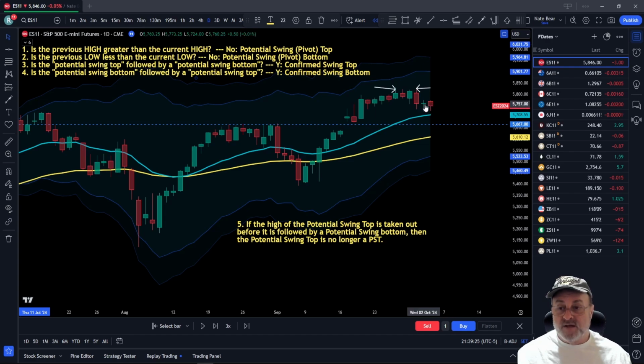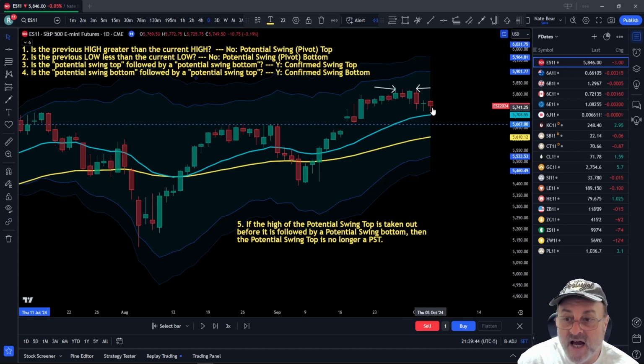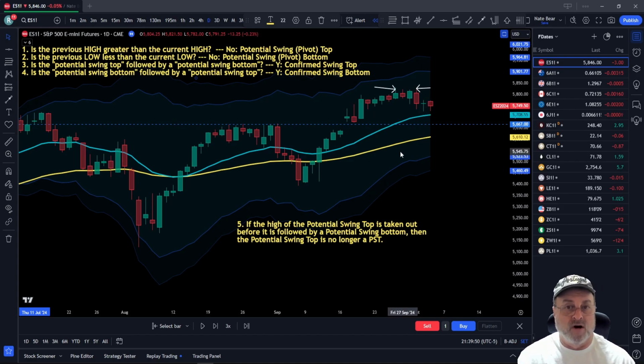And is the previous high higher? Okay, let's see. The high is 57, 72, 75. Okay, it's an inside bar. It has a lower high and a higher low, so nothing happens.